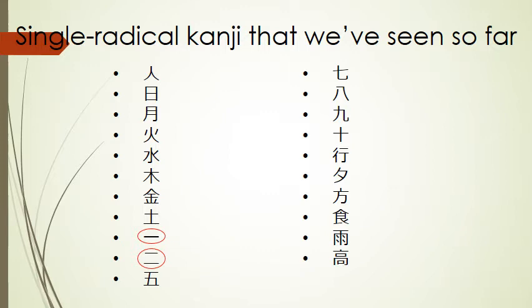Why is ni a single radical kanji? Why isn't ni a kanji made up of two radicals, both of which would be ichi in this case? In fact, it looks like there are a lot of single radical kanji in here that could be said to contain the radical for ichi. And that gets into one of the things about this.